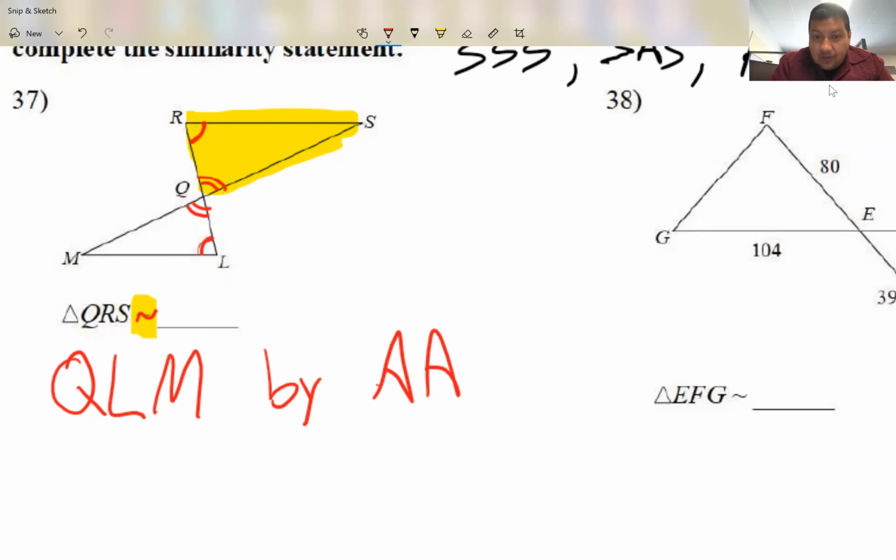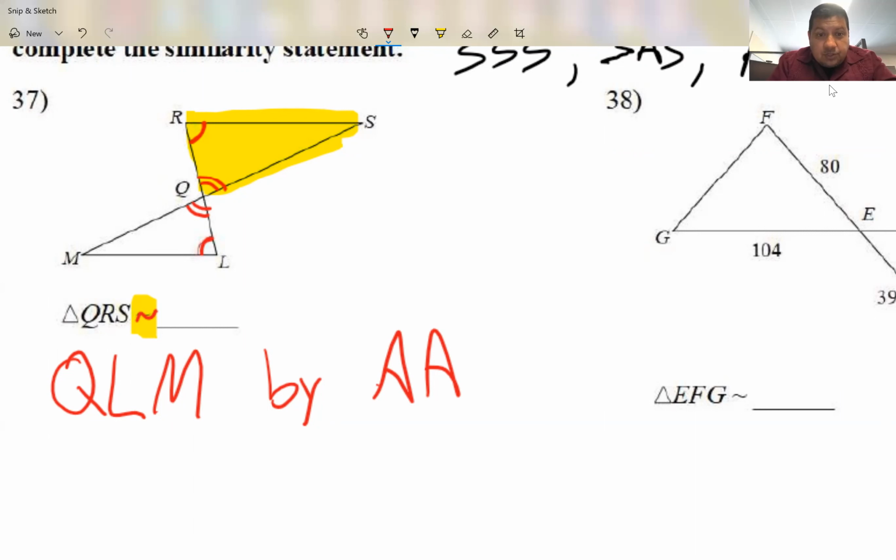Now I have a question on the chat. It says, do we put this full answer in our homework or just QLM? And then a person says, when typing in our homework, do we put QLM by angle, angle, or what do we put? We do put everything that I wrote here, QLM by angle, angle.